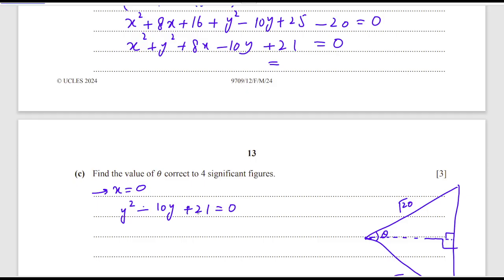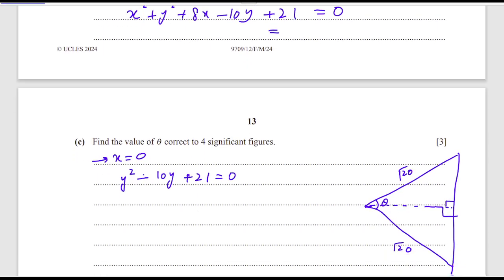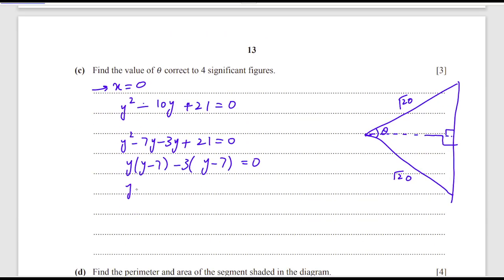Now we have a quadratic equation in y. We can solve it by using the quadratic formula or by factorization. By factorization, minus 7y minus 3y plus 21 equals 0. Y times (y minus 7) minus 3 times (y minus 7) equals 0. So (y minus 3) times (y minus 7) equals 0, which means y equals 3 and y equals 7.